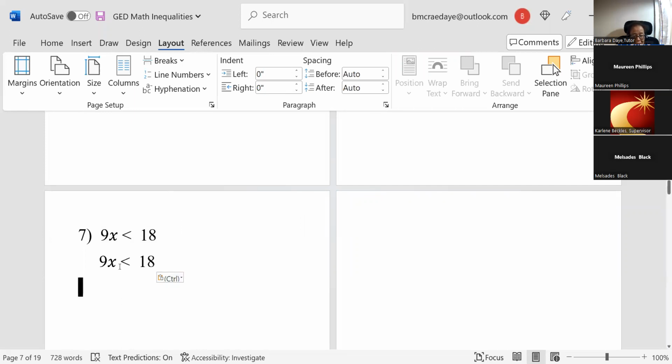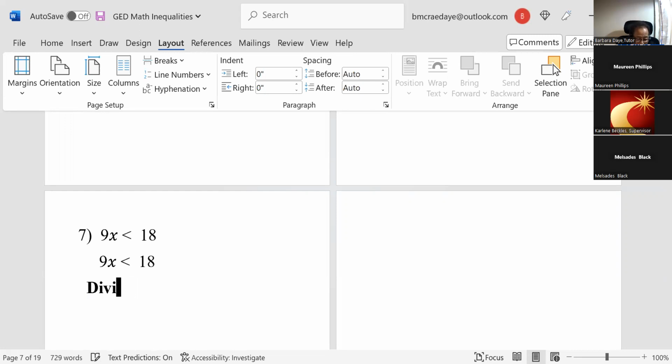Oh, because I divide 9 on both sides. So how did you get 9? Or this answer is two. So you divide by 9, and that would give you x less than what? 2, because 9 times 2 is 18.